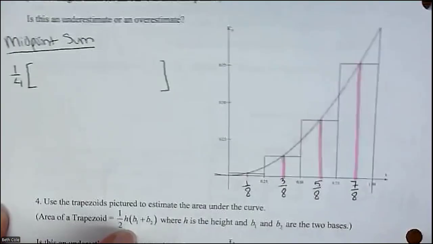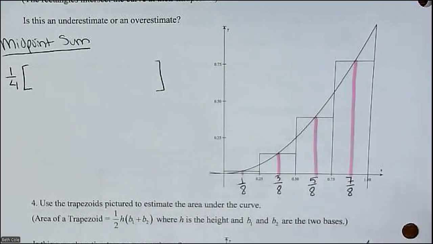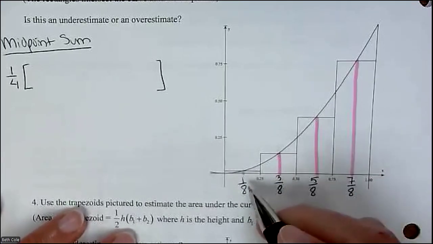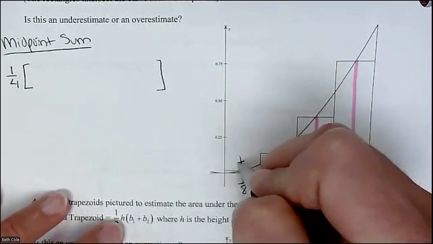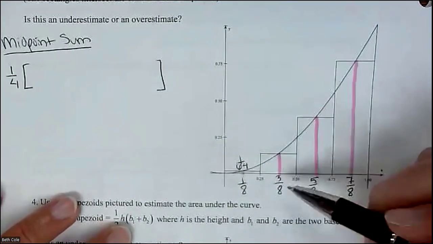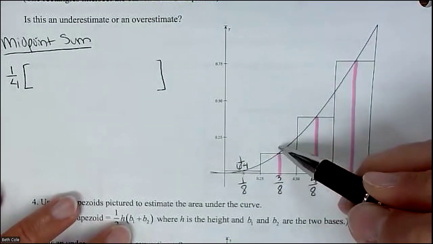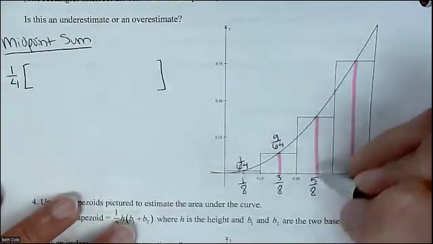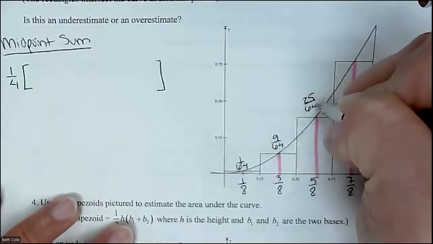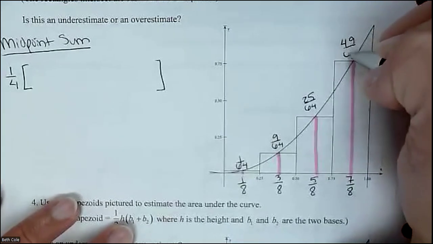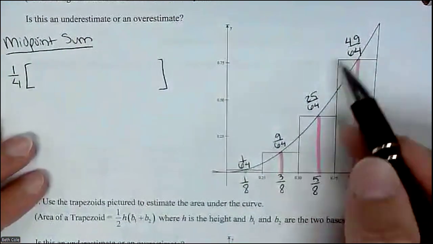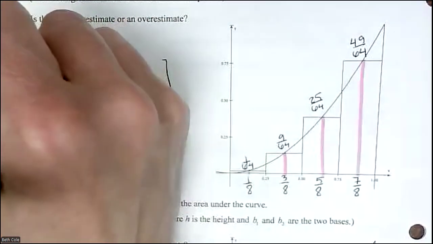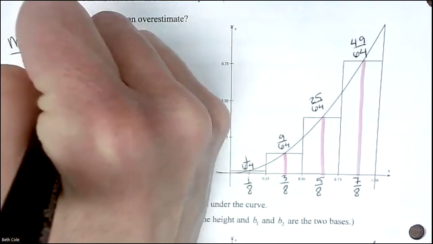Okay. And then when you plug them into the function, again, the function is just x squared. You're just going to take each of those numbers and square them. So 1/8 squared is 1/64. What would be 3/8 squared? Yep, 9/64. Good. And then this one would be 25/64. And actually, I wrote them there so you could see those are the heights, but I'm just going to recopy those numbers and add them together in here.